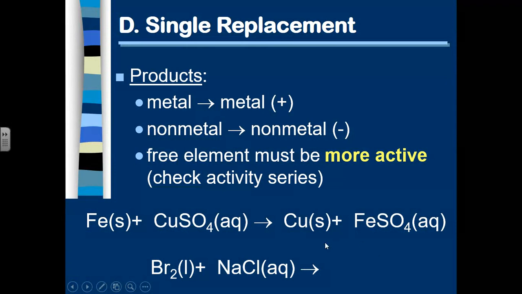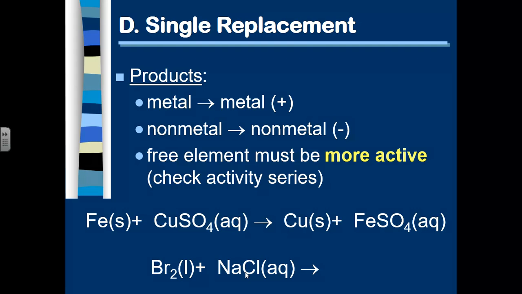Now, here's an example of one that is not. You notice that bromine is a nonmetal, not a metal. That means it will replace the second in the compound, not the first, because it's a nonmetal. They replace the second one, okay? Now, the activity series of these nonmetals is perfectly aligned with the periodic table.